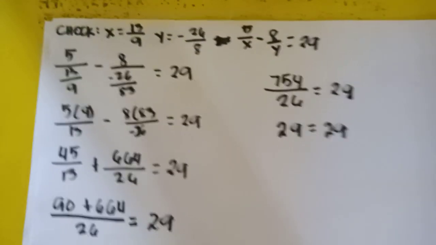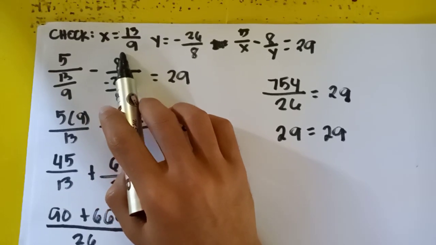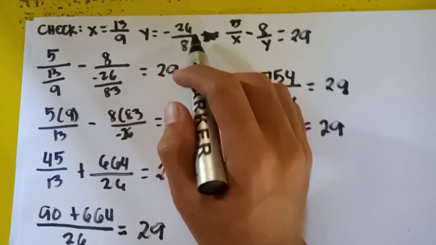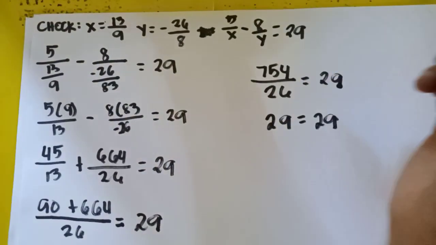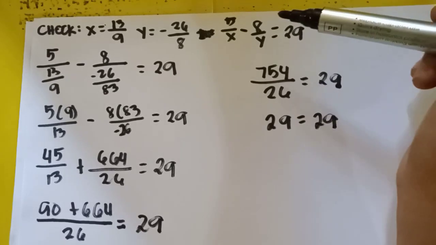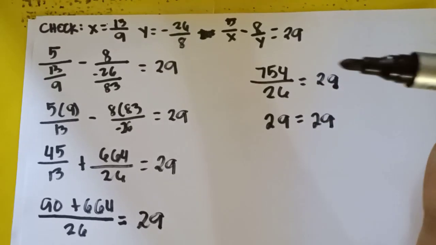And then, for the last part, to check if our answer is correct, our value of x is 13 over 9 and the value of our y is negative 26 over 83. The equation is 5 over x minus 8 over y equals 29.